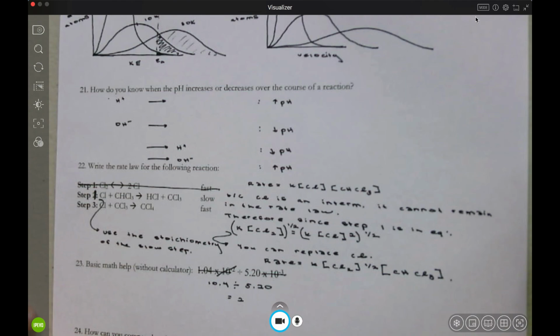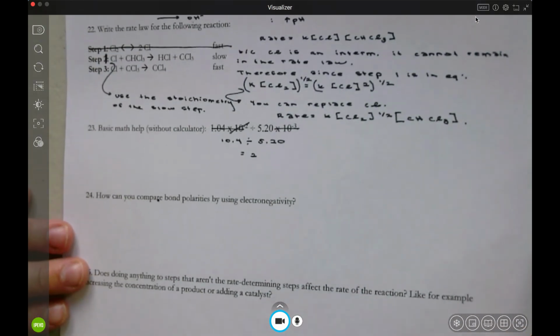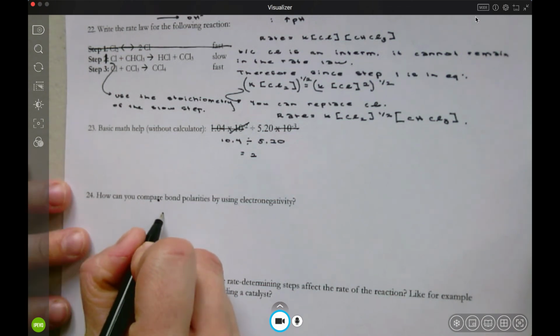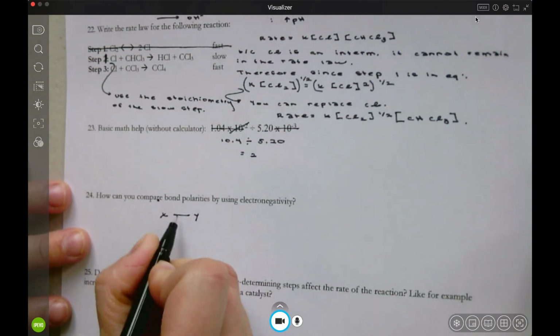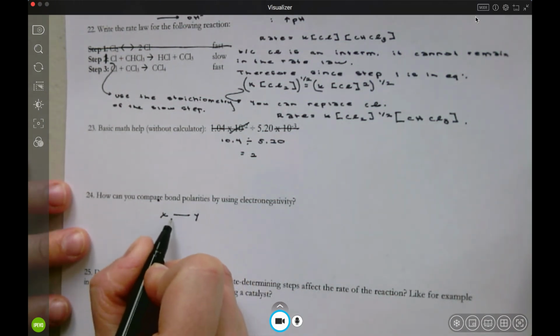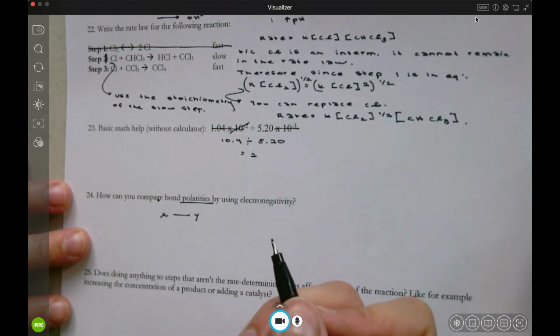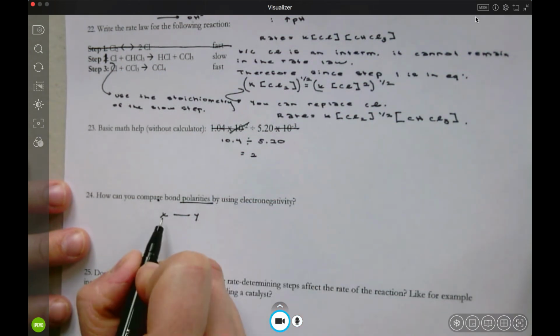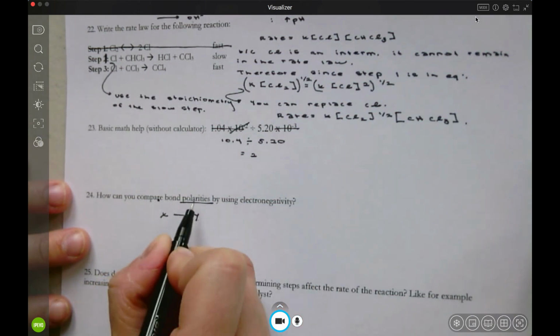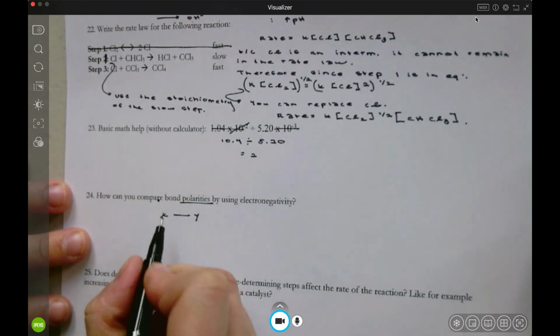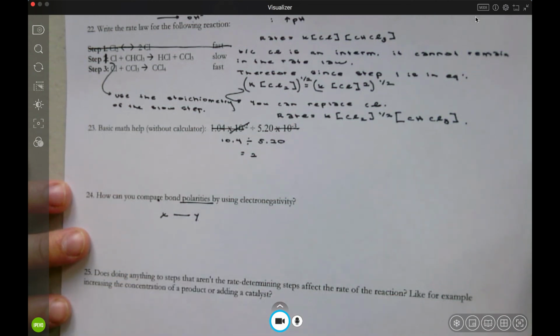Okay. Comparing bond polarities by using electronegativity. So remember, when we're talking about a bond, we're talking about a covalent bond. And these two atoms are going to be sharing electrons. So the polarity of it basically is just a measure of how equally they share it. So if the electronegativities are similar, then the bond polarity is going to be very low. If the electronegativities are very different, then your bond polarity is going to be very high.